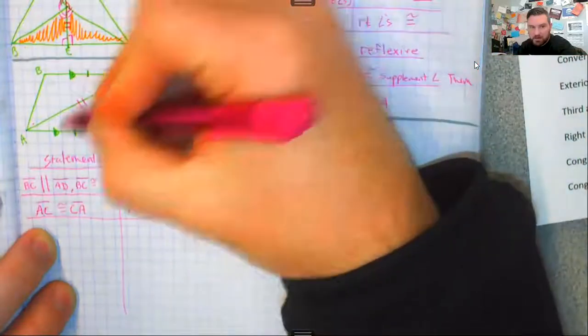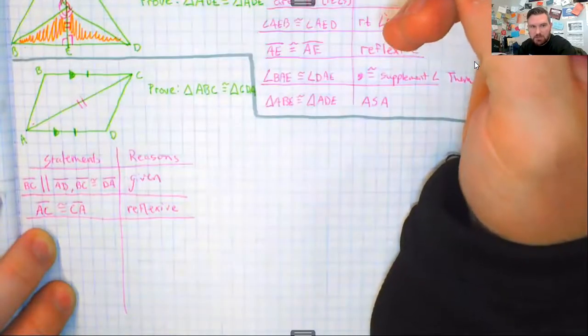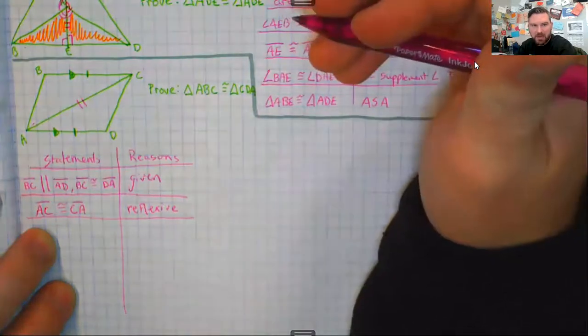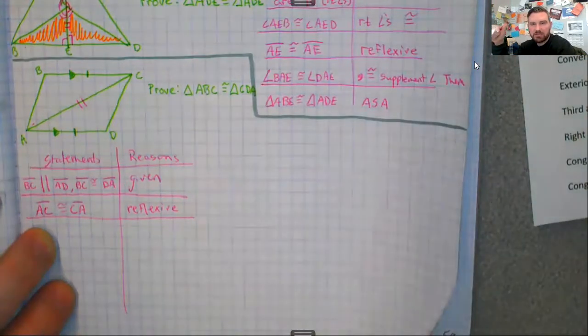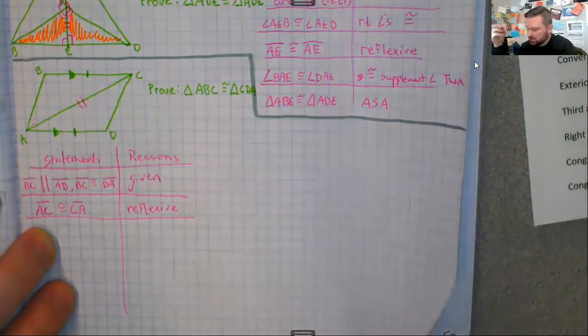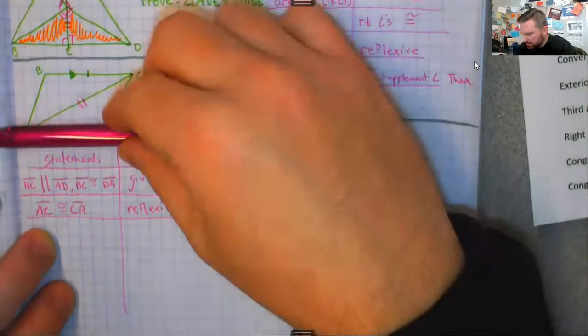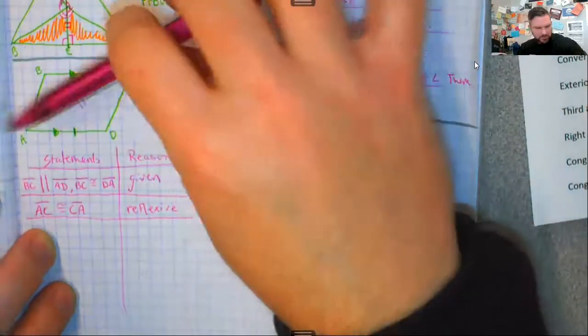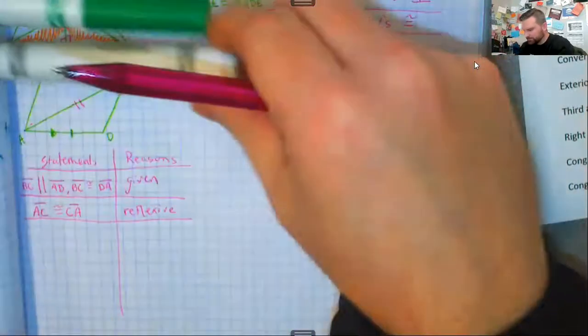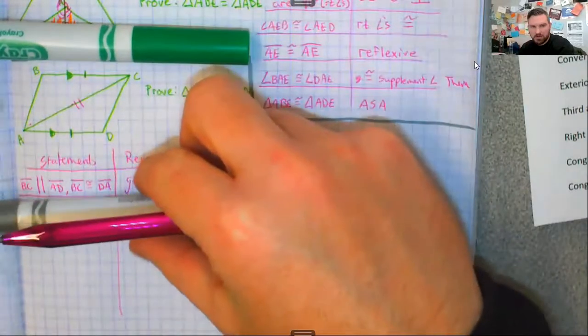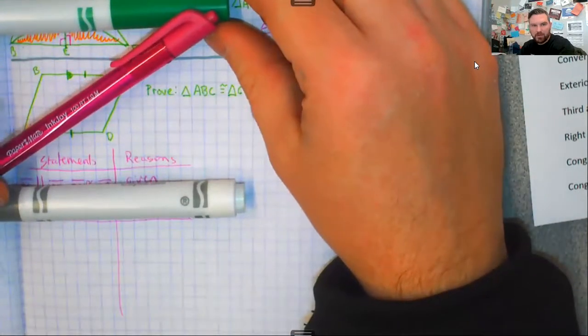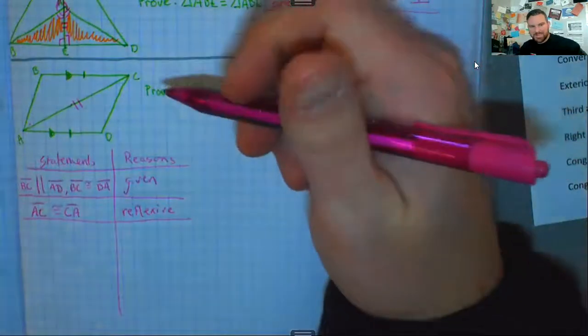Now, when they give us parallel lines in a picture, you need to be thinking about the angle types that we had with parallel lines. That is your alternate interior, your alternate exterior, your corresponding, maybe even some vertical stuff. So these two are parallel, and I have this transversal. Now, this can be hard to see here, so let me try to use some markers. You have these two parallel lines, and you have this transversal coming through there. And you are going to have alternate interior angles.